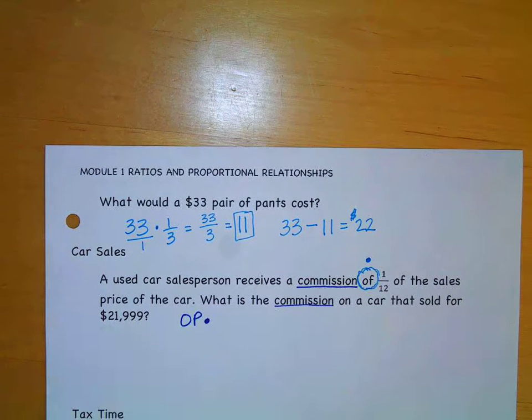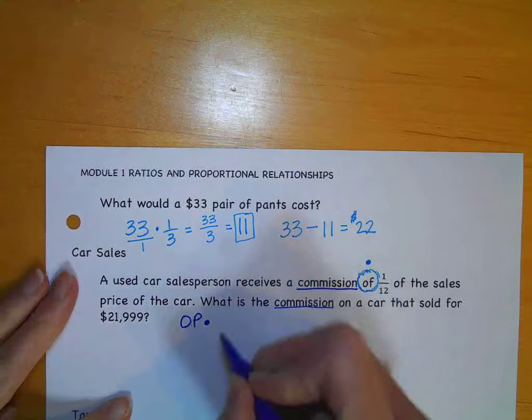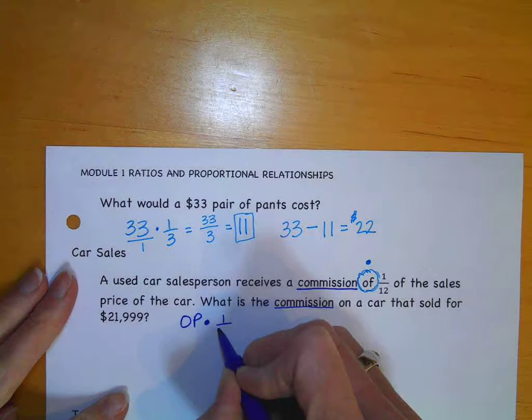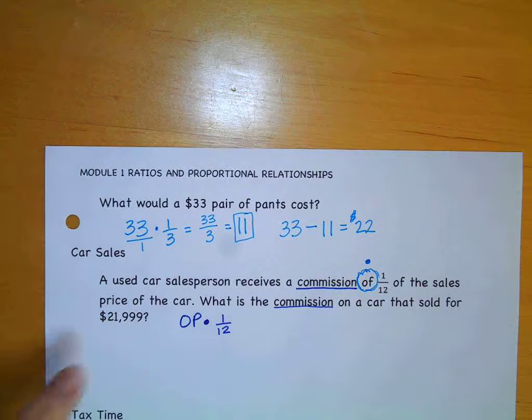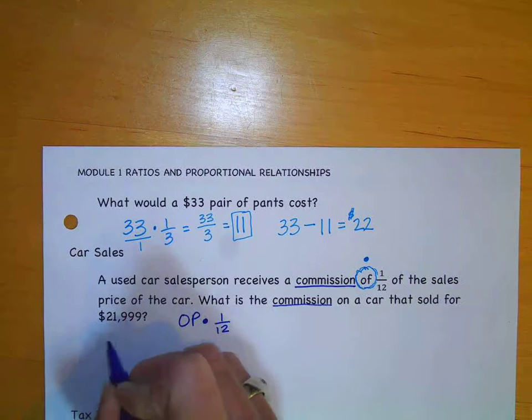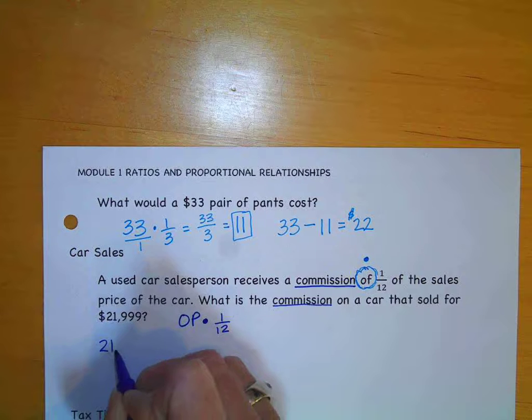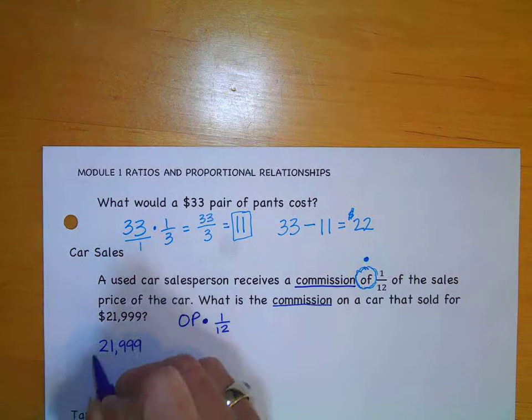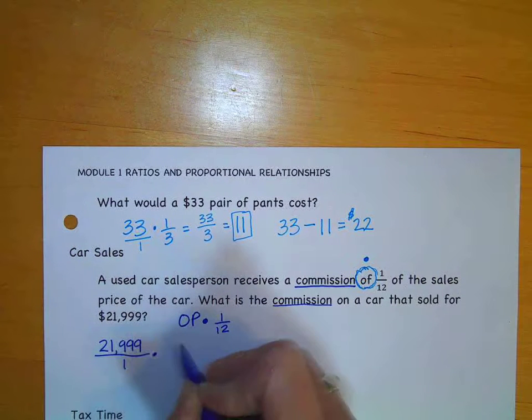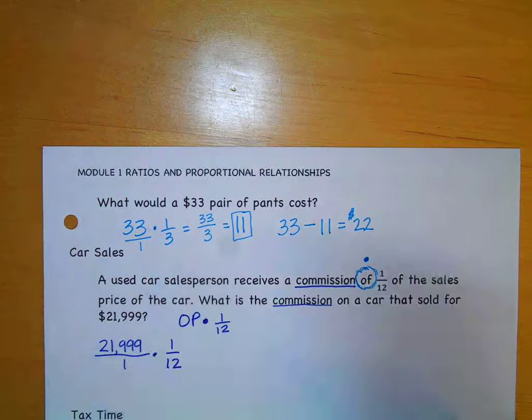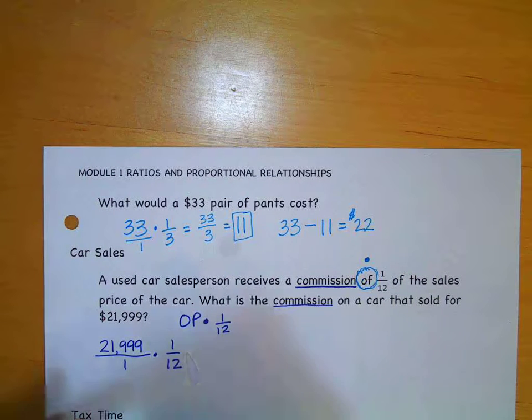Remember, commission is the amount the salesperson earns on a car sold for that amount. Okay, phew. So on this one, we're going to take the original price times 1/12. That's what we're going to do. So the original price times 1/12, so 21,999, that's a large number, times 1/12.